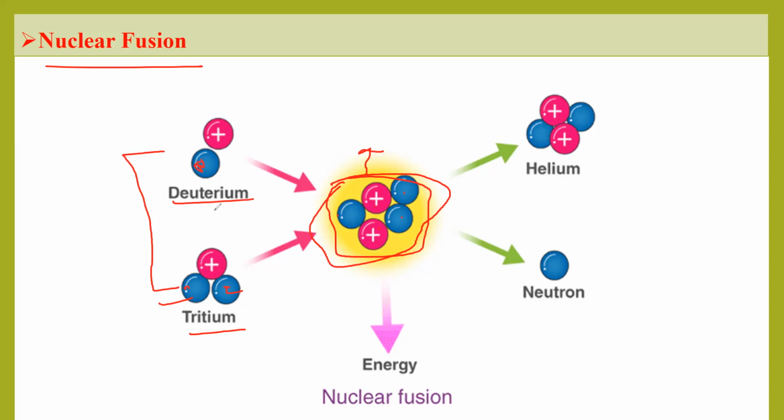When they fuse together, they form a big nucleus, with three neutrons and two protons. Two protons come from one from deuterium and one from tritium, and three neutrons, two from tritium and one from deuterium. So this is the formation of a big nucleus.